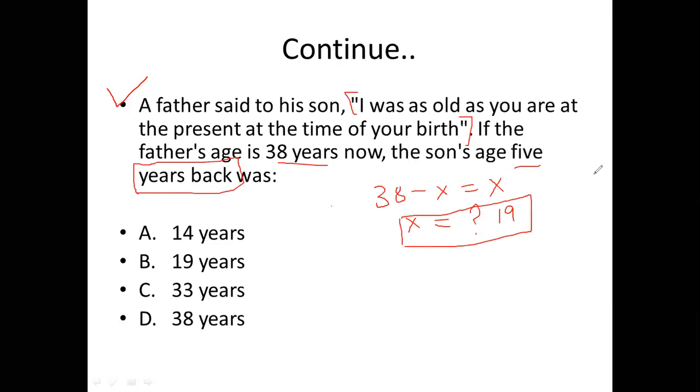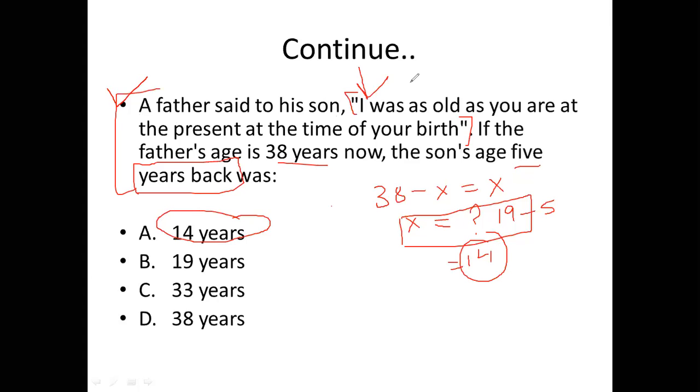So if we subtract 5 from 19, how much will we get? So 14 years. So option A is correct. It's very simple. You just have to understand the statements. If you understand the statements, it's very easy, right?